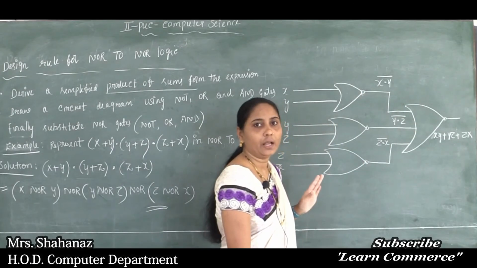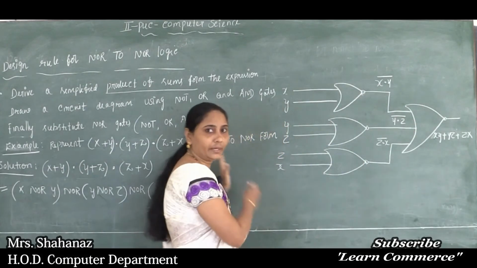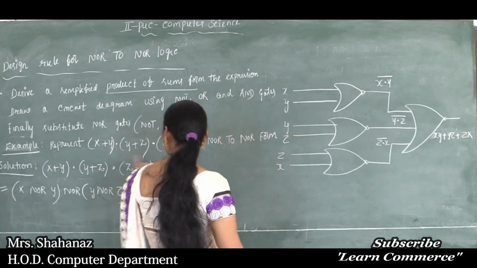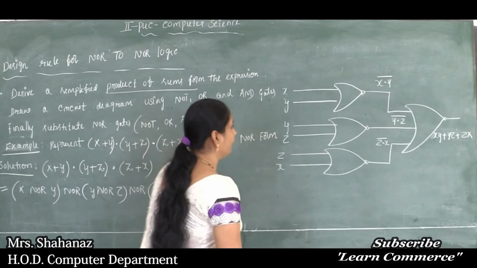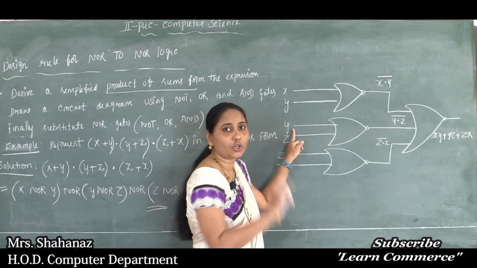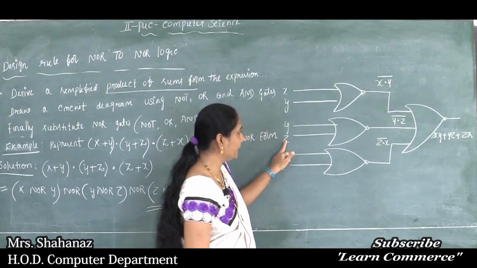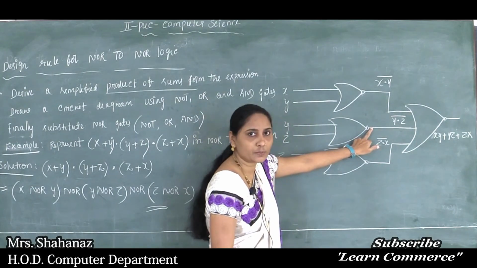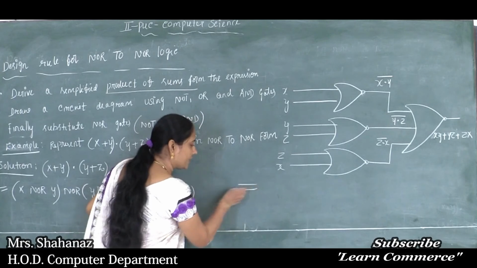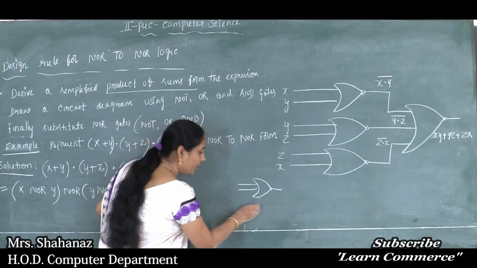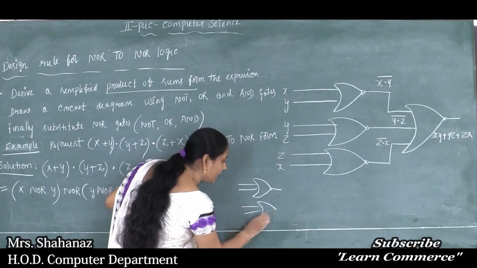Later we'll see about that. First of all we'll complete the front side of the diagram. The next one is y OR z. We already changed such ORs to NOR. So y OR z NOT. Clear this point: this is the symbol of OR, and this symbol is called NOR.